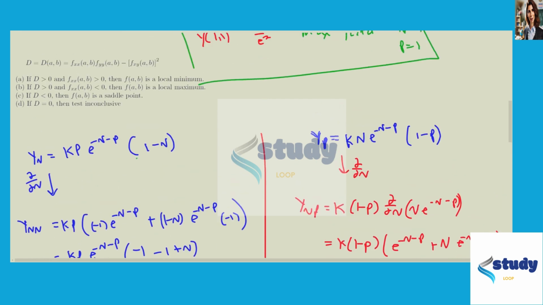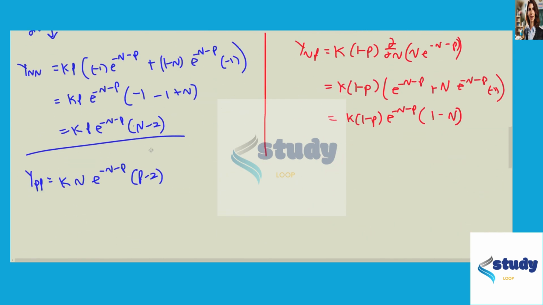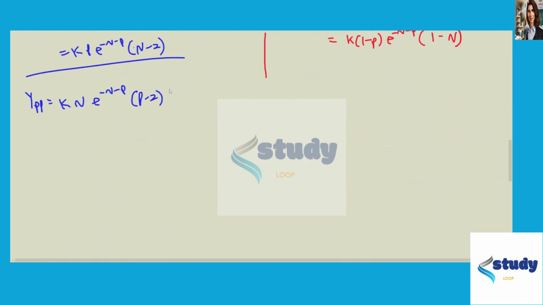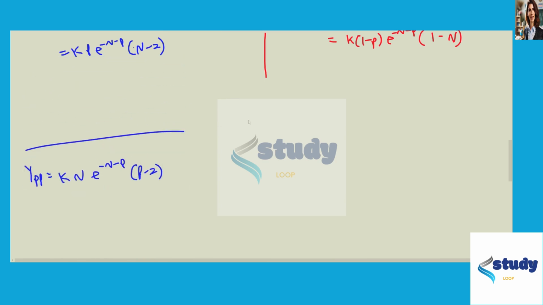And now we just need to plug in 1, 1 into all of these, and then we can plug everything into that equation up there. So let's do that. So let me slow this down a little bit. So if we do 1, 1, then this is going to become, it looks like k e to the negative 2, and then that is just going to be negative 1. And then over here, that is going to be k times 1, so then e to the negative 2, and then times negative 1 again.